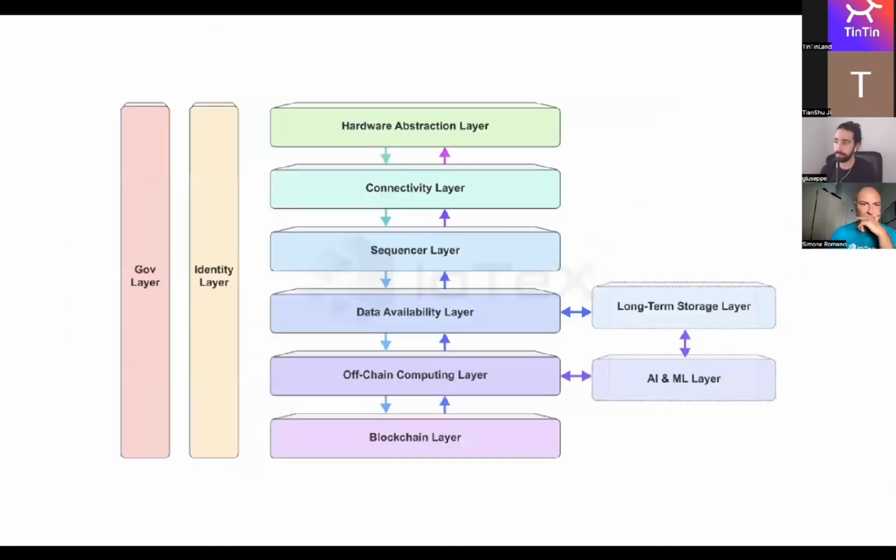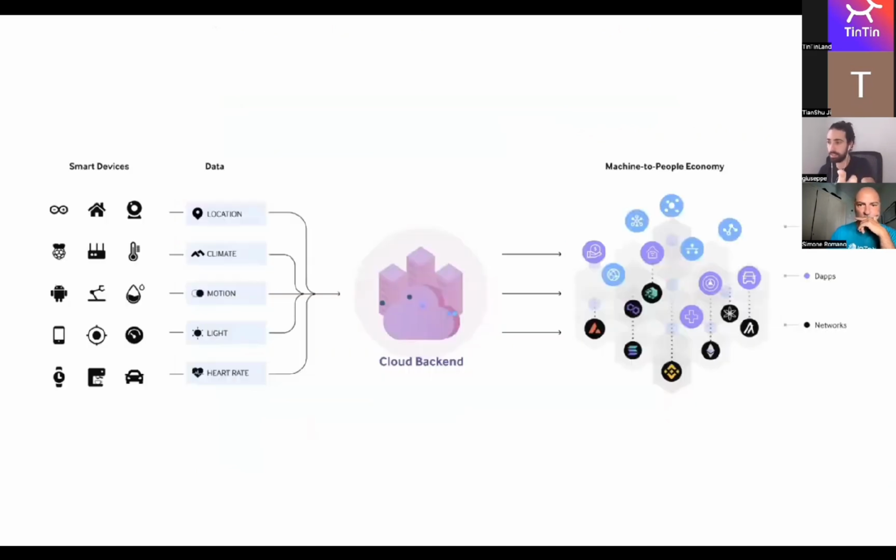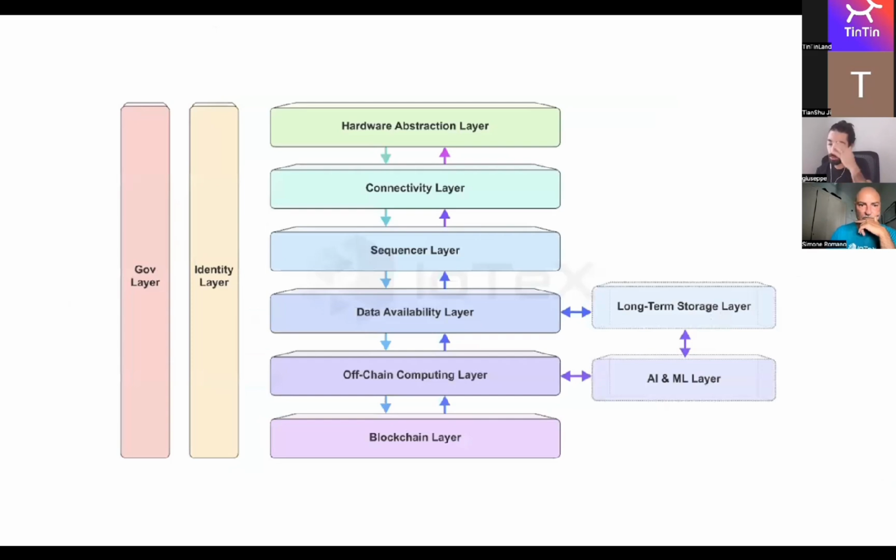So the point of IoTeX is to decentralize this central part, the cloud backend, and propose these nine layers to decentralize the whole stack. If you look at this slide and think about data coming in from the top, from your devices, we provide a hardware abstraction layer that connects with a connectivity layer, then sequencing to pack all this data together and store it in a data availability layer.